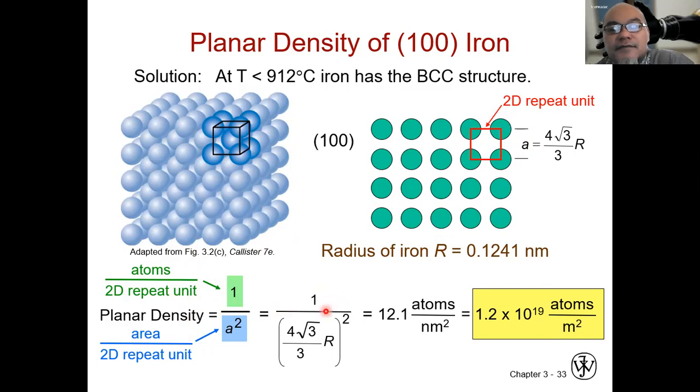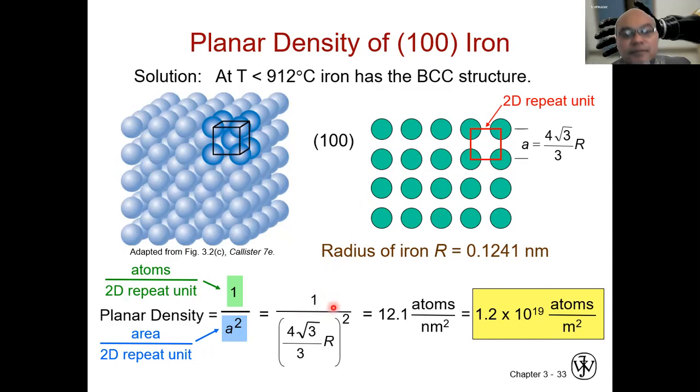A squared. We have 1 atom, because here there are 4 atoms located at the corners, but each of these atoms is shared by 4 other 2D repeating units. That is why 4 times 1/4 equals 1.